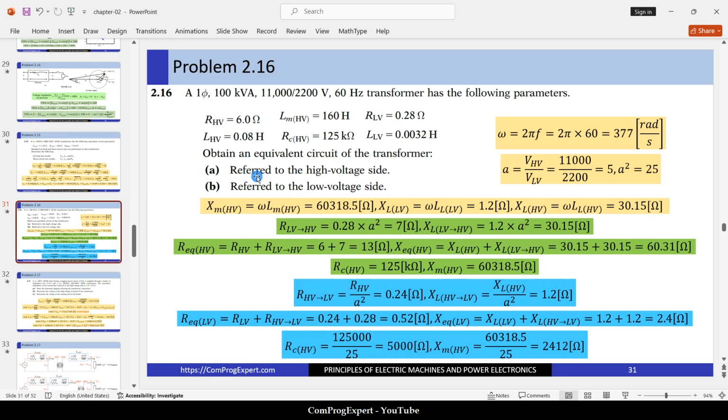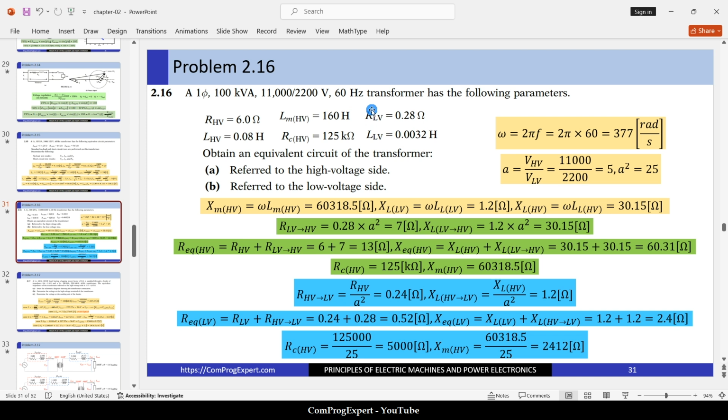Problem 16. A single phase 100 kilovolt ampere, 11,000 to 2200 volt, 60 hertz transformer has the following parameters. The value of the resistance of the high voltage winding is 6 ohm. The value of the magnetizing inductance is 160 Henry.